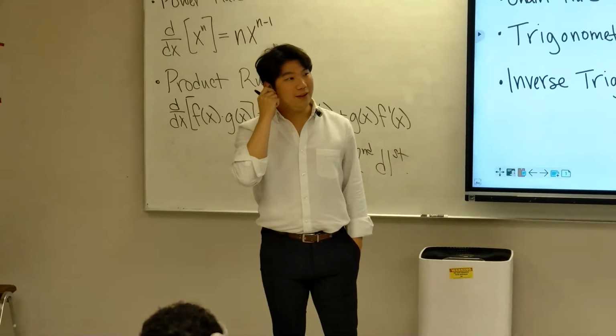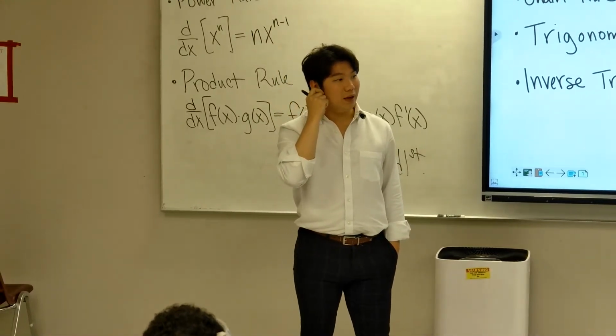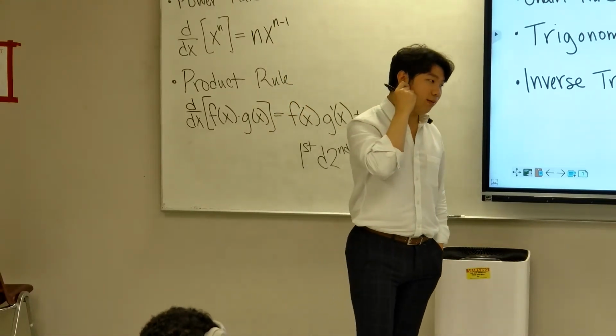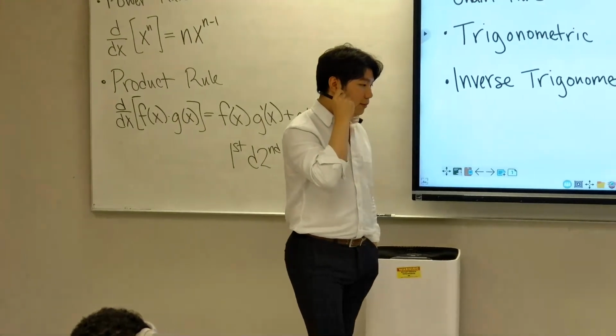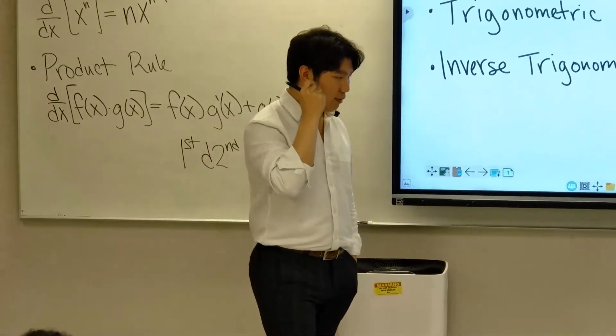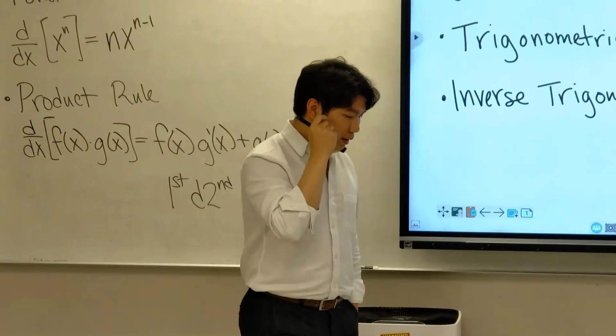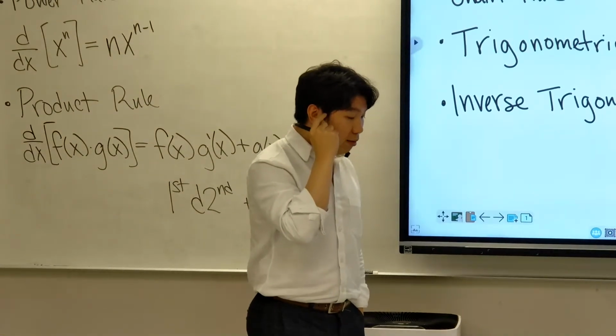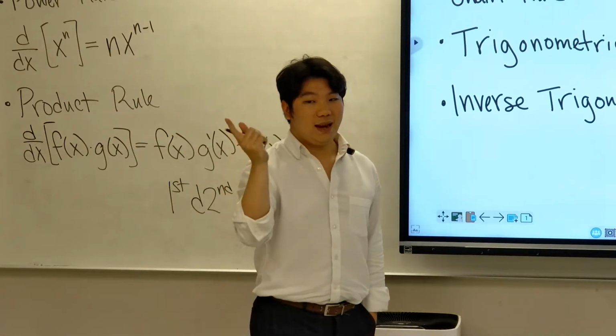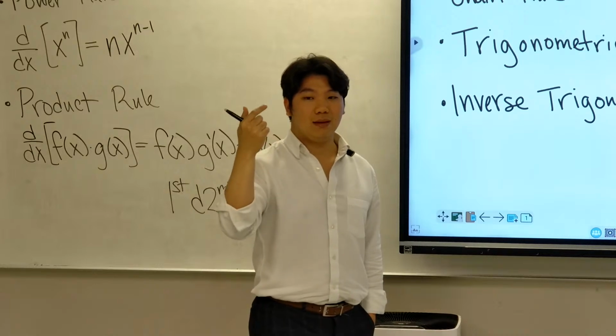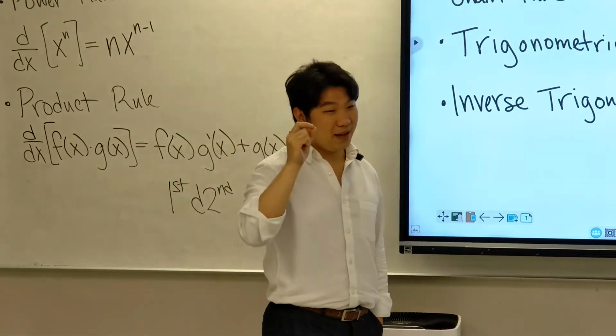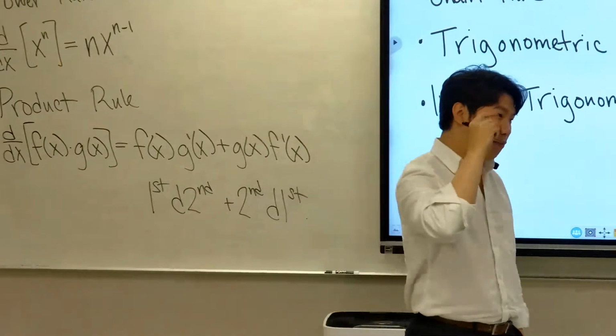Mixing up the order, let's take the derivative of cosecant of x. Yes, so the derivative of cosecant of x should be negative cosecant of x cotangent of x. We have to be careful about which one has the negative and the positives.